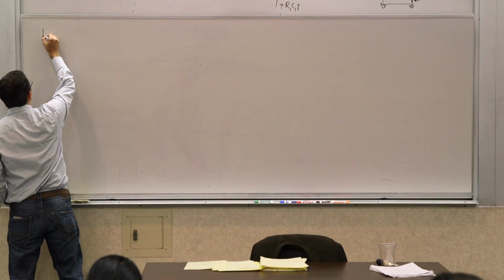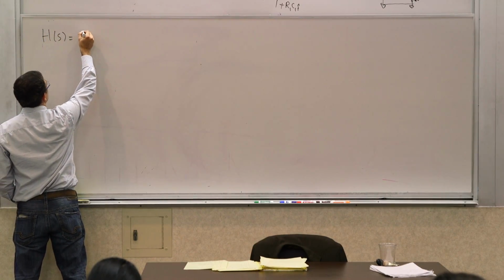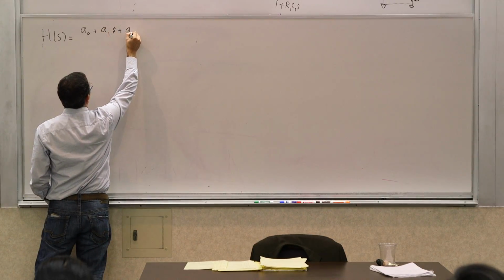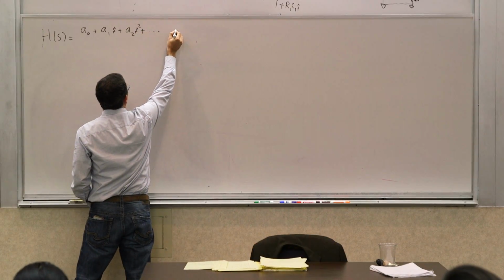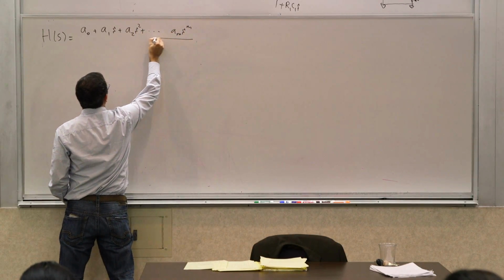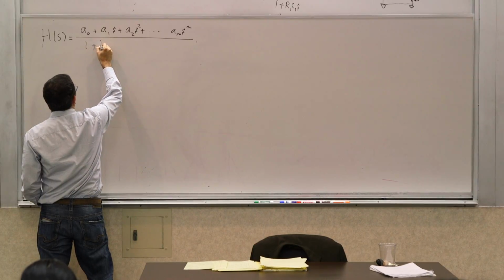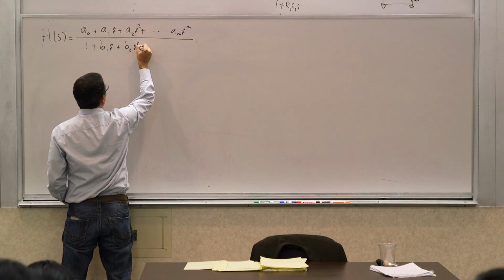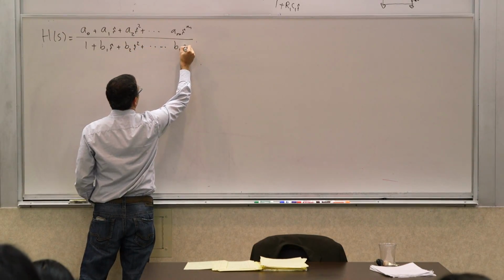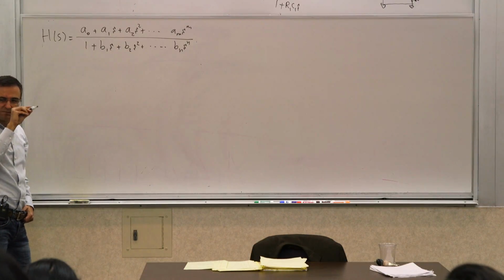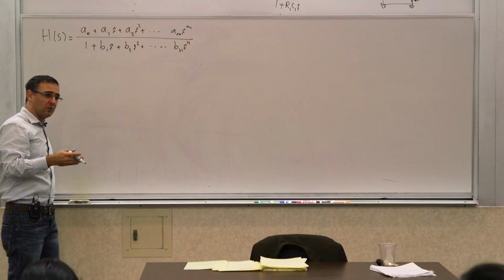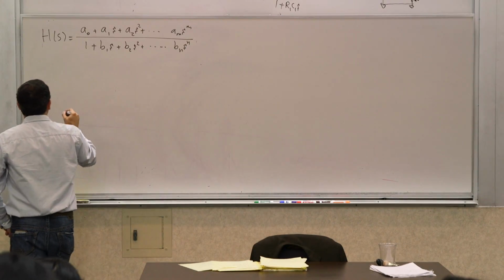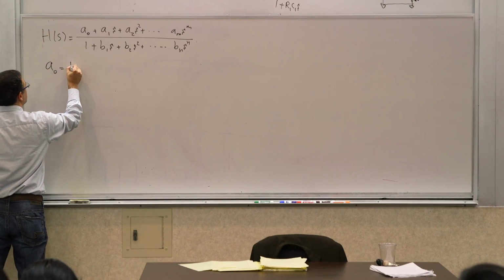A higher order transfer function for an nth order system has the following form: in the numerator, A0 plus A1 s plus A2 s squared all the way to Am s to the m, and in the denominator, 1 plus B1 s plus B2 s squared all the way to Bn s to the n. You can find the proof in the paper.